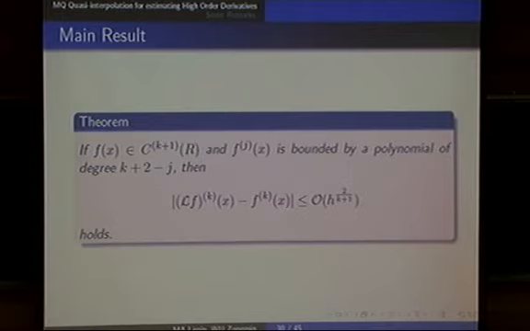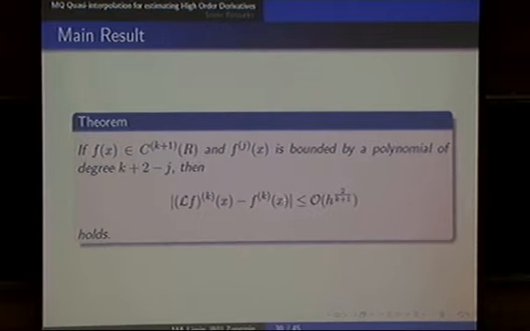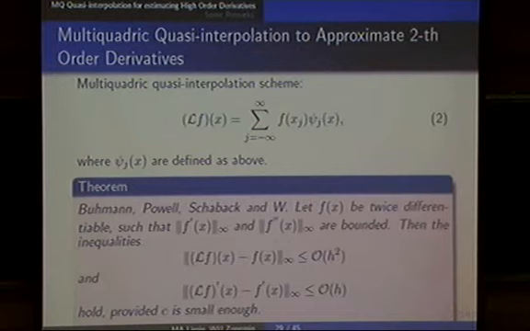This means the kth derivative is still converging, however with a lower convergence order, which is h to the power 2 over k plus 1. We compare to this one.